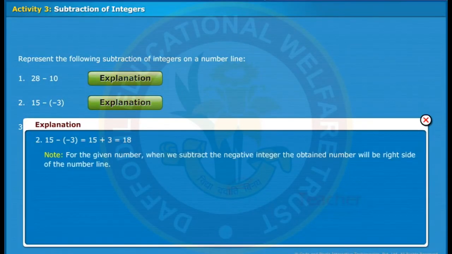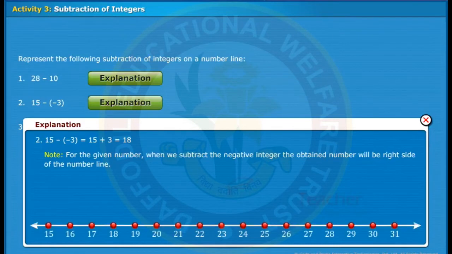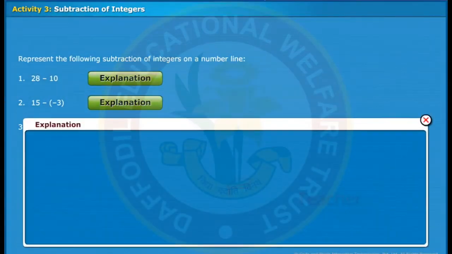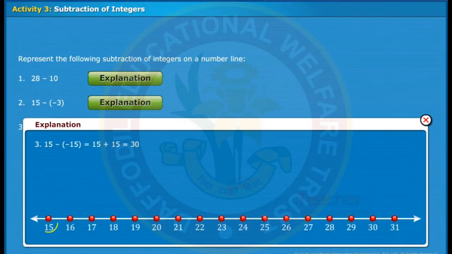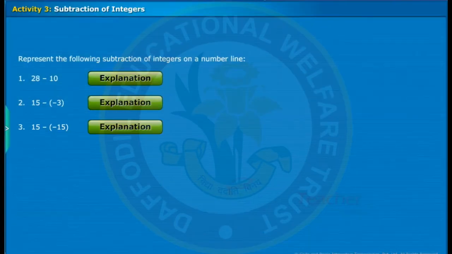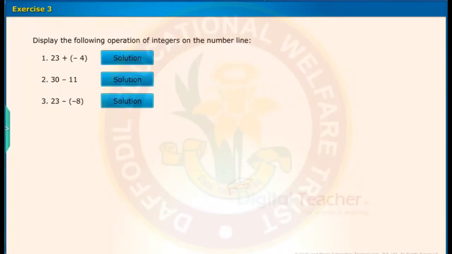Note: for the given number, when we subtract the negative integer, the obtained number will be right side of the number line. Its representation is shown on screen. Let us solve a few exercise problems. Click the tab to view solution.